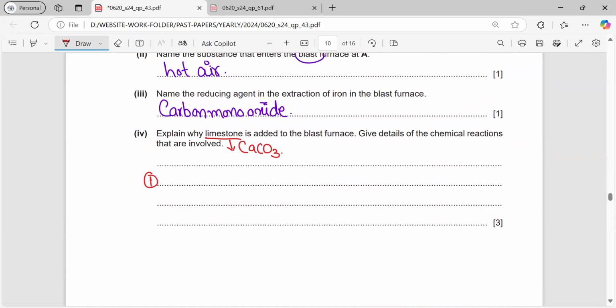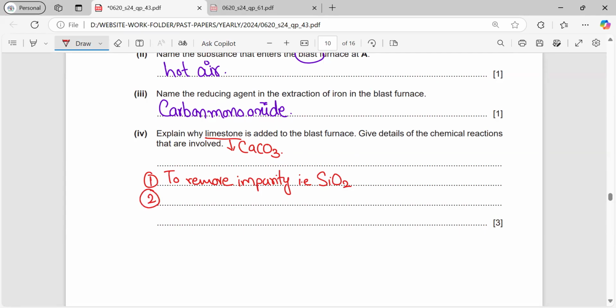The first reason is that we add calcium carbonate to remove impurity present in the hematite, and the main impurity is silicon oxide. So we remove silicon oxide by using limestone.